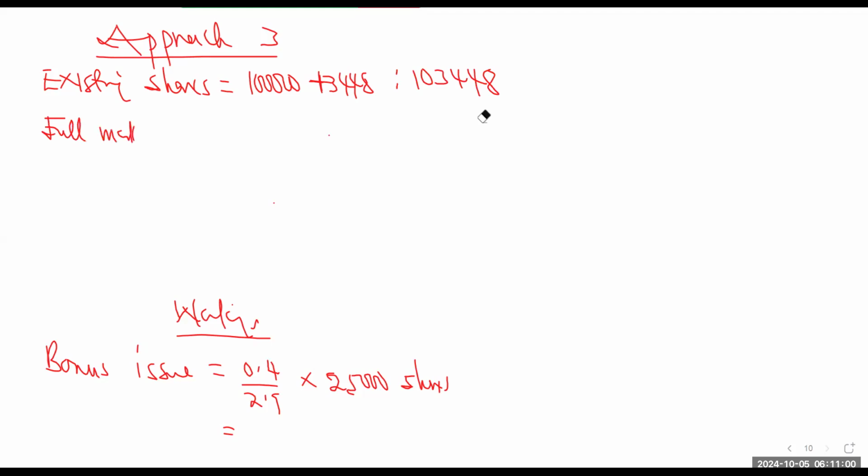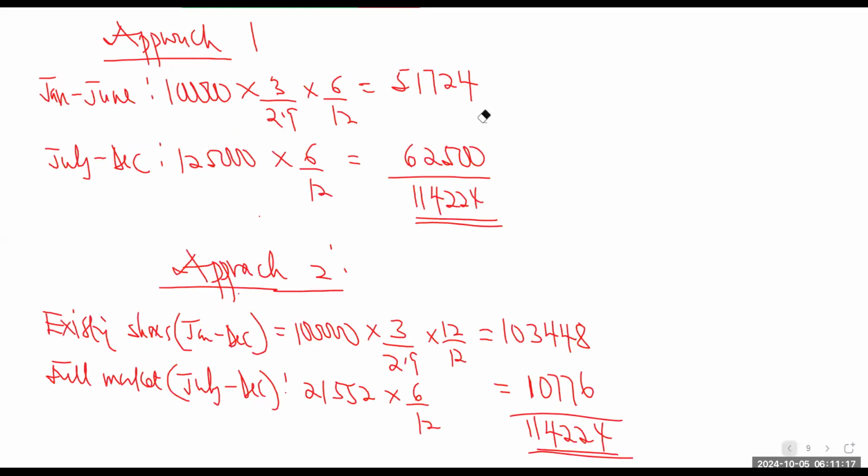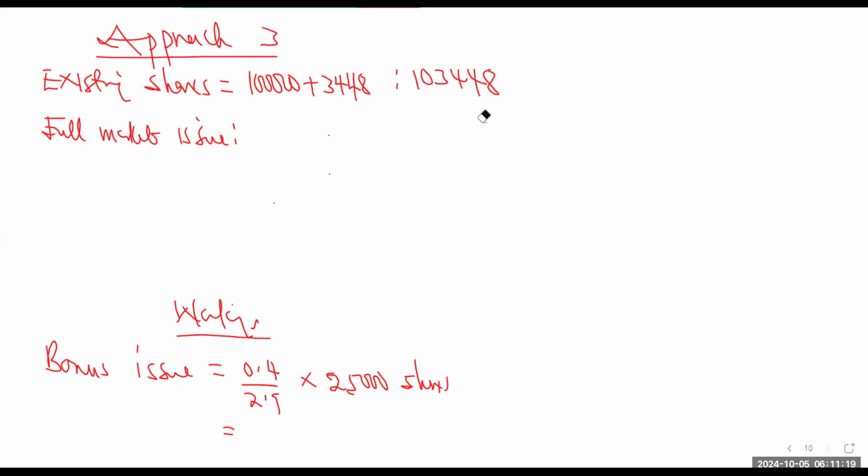So the full market issue. Okay, so we have 3448 as a bonus issue. What will be the full market issue? That will be 2.5 divided by 2.9 multiplied by the total number of shares. Okay, and that will be the same as the one that we have first. 2155 what?